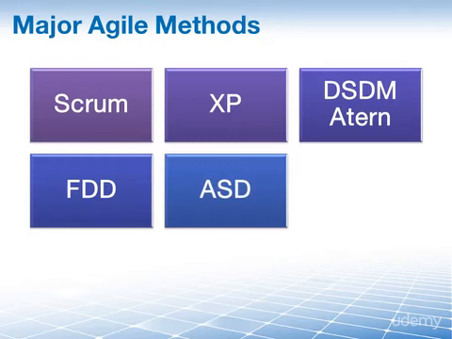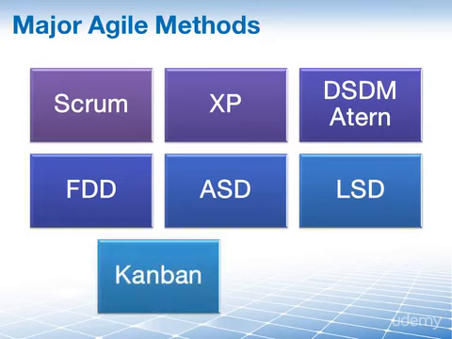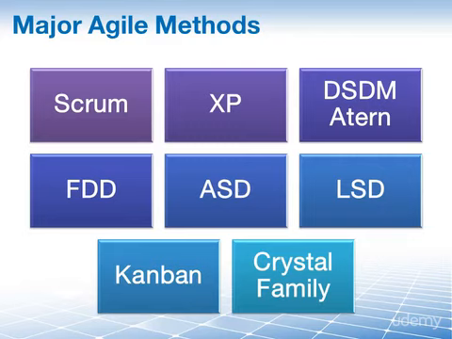We have Adaptive Software Development, ASD. Then we have Lean Software Development with the acronym LSD, which is of course not the hallucinogenic drug from the 1960s. We also have Kanban, a more structured and focused form of lean software development. And finally, we also have Crystal. Once again, this is not a drug, but actually a family of Agile methods. Let's look at these a little bit more in detail.